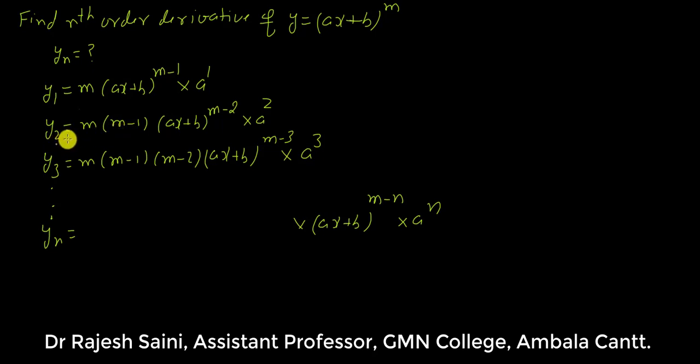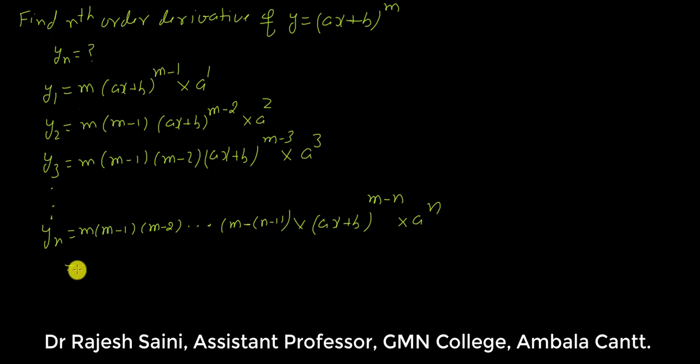Now see how this series is running. Whenever here is 2, so here is m minus 0, m minus 1, 1 less than 2, 1 less than 3, up to 2. So it will be m minus 1, m minus 2. So it will run up to 1 less than n, that will be n minus 1.